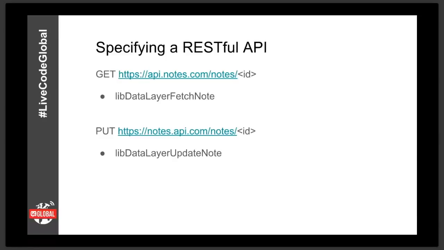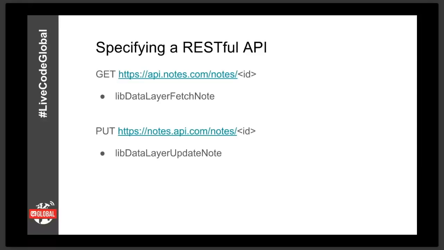Next is fetching a particular note. Again, like I mentioned earlier, we build the path on the server to specify the given note that we want to fetch. So this time notes/ID, where ID is the ID of the note that we want to fetch. And this is again a GET request.